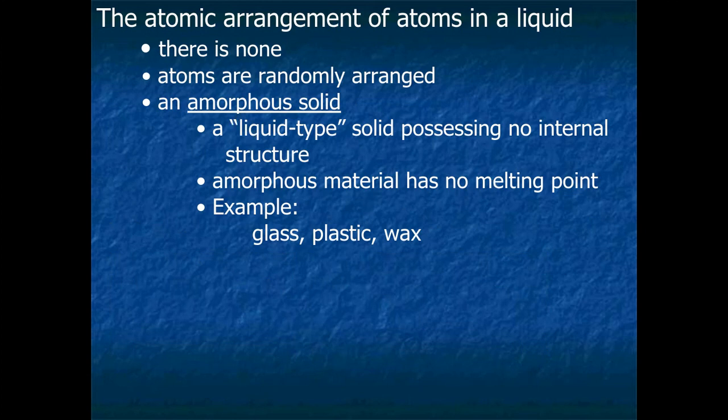So an amorphous solid is a liquid type solid then that possesses no internal structure. So let me repeat that. An amorphous solid is a type of material that does not possess an internal structure.